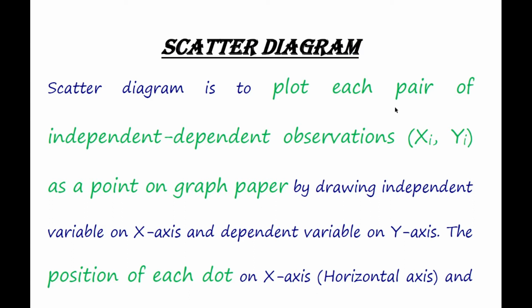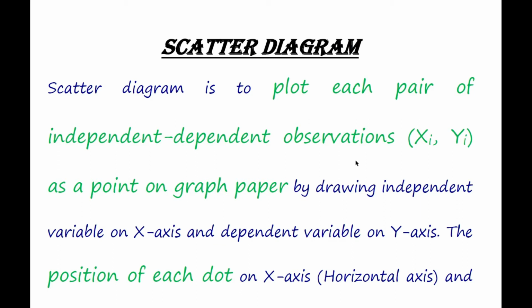Now today our topic of discussion is the scatter diagram. First question is why we use a scatter diagram and how. A scatter diagram plots each pair of independent and dependent observations as a point on graph paper. With the help of a scatter diagram, we draw a point, and this specific point shows the independent and dependent relationship.